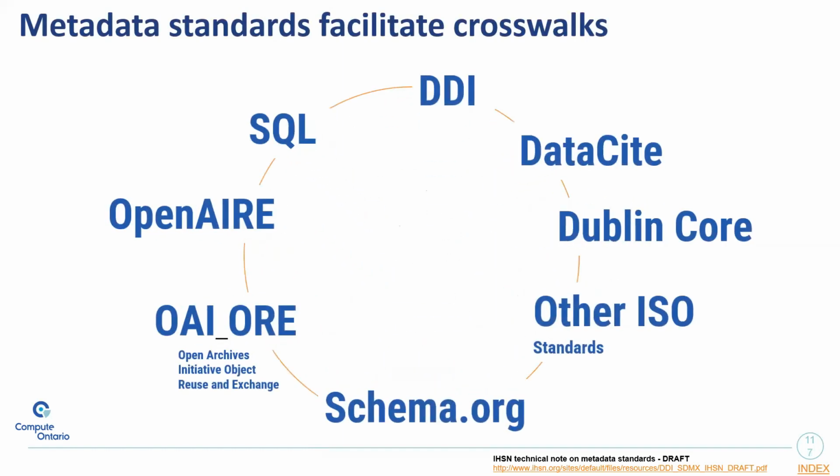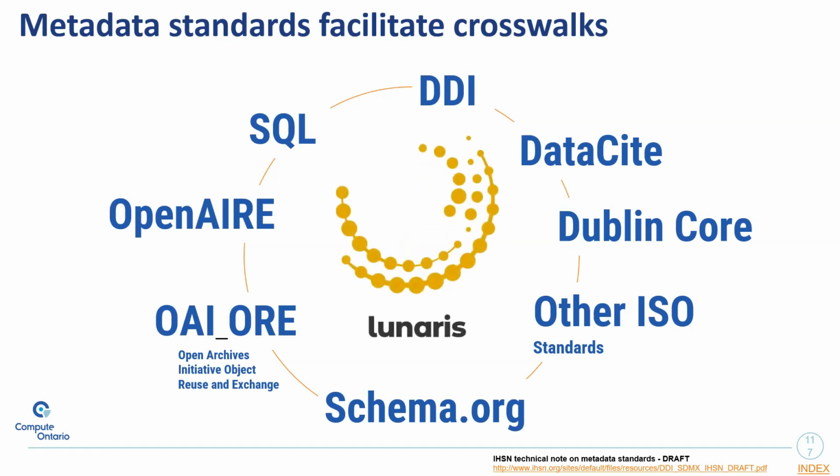In addition, metadata standards facilitate crosswalks, and software crosswalks allow data in one metadata format to be mapped or converted to another. This flexibility is key to the metadata harvesting undertaken by Lunaris, which consolidates metadata from a diverse range of data repositories to provide one-stop searching for Canadian researchers.